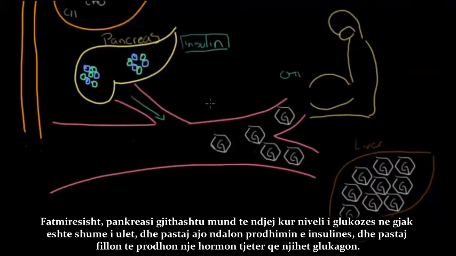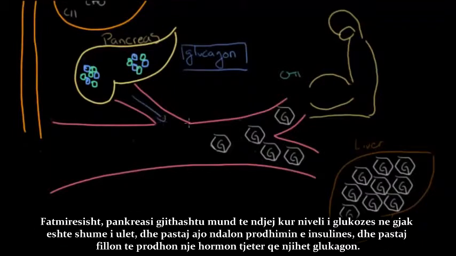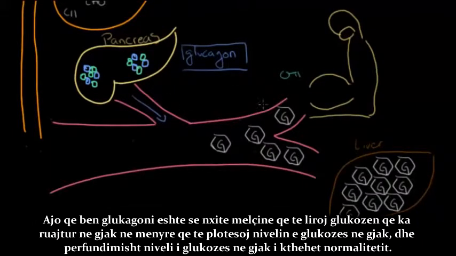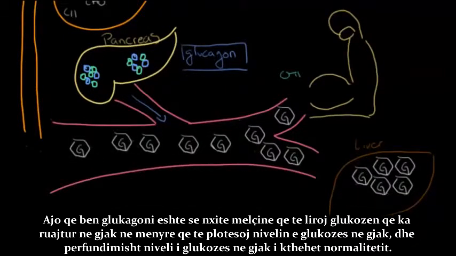And fortunately, the pancreas can also sense when these blood glucose levels are getting too low, and it stops secreting insulin, and it starts to secrete another hormone known as glucagon. And what glucagon does is it stimulates the liver to release this stored glucose back into the blood to replenish the blood glucose levels. And eventually the blood glucose levels return to normal.